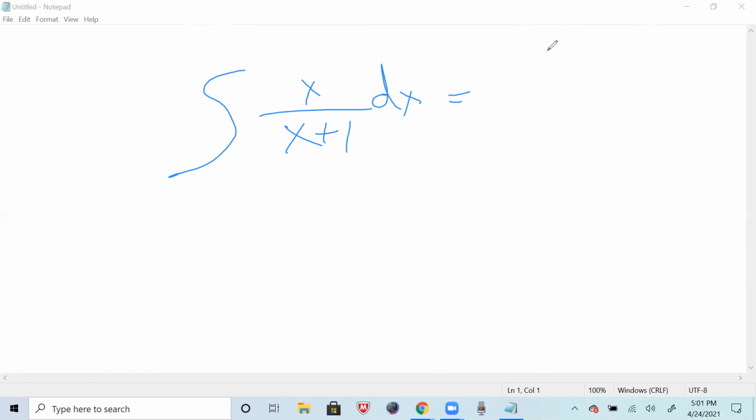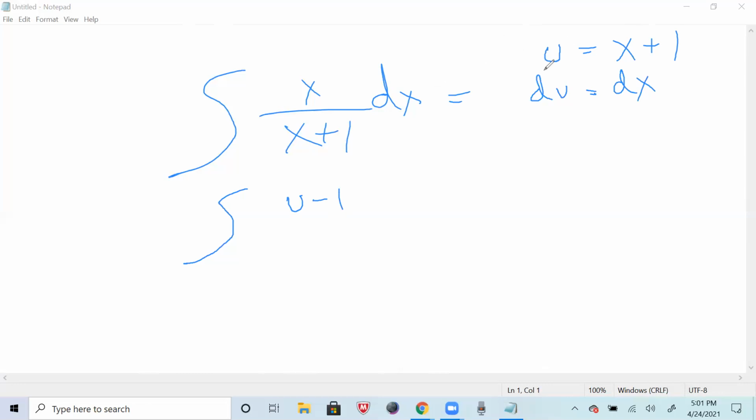Okay. So I'm going to let U equal x plus 1. That makes du equal dx. And now I'm going to go back in there and rewrite this thing as a function of u. Well, if u equals x plus 1, then x equals u minus 1. Correct?